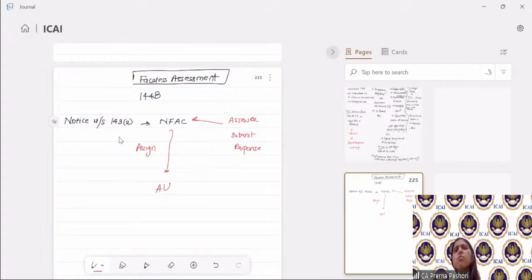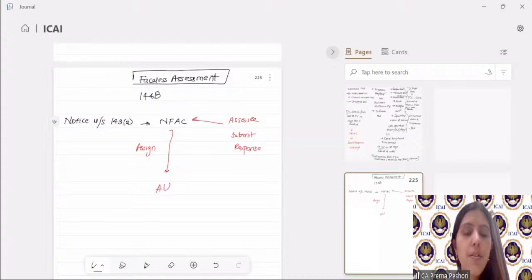Now, regional faceless assessment centers are nothing but assessment centers set up in different regions, and they have the assessing officers sitting there. Assessment unit will be taking care of the assessment.